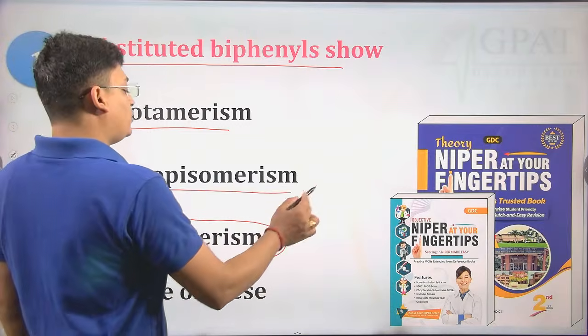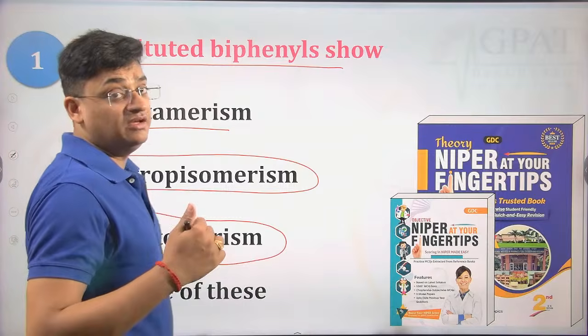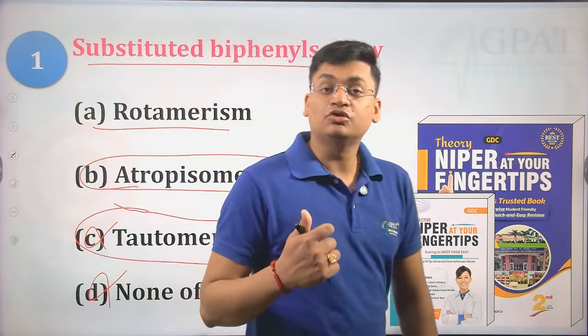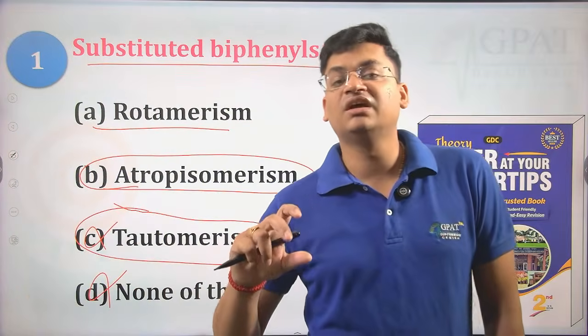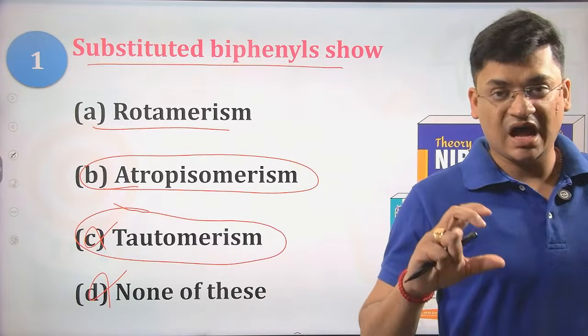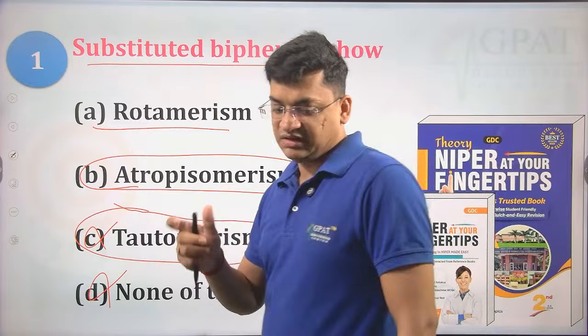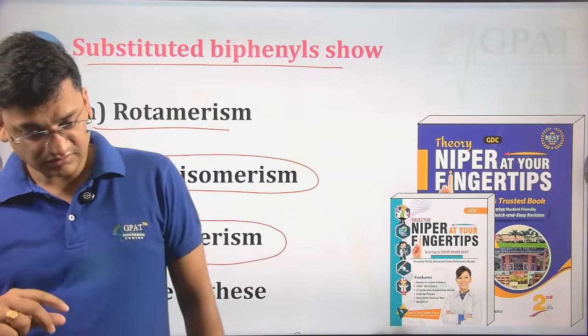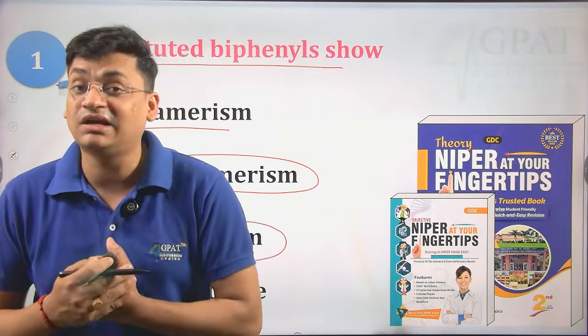In the case of atropisomerism, if we have a biphenyl system with bulky ortho substitutions, the single bond between both the biphenyl rings has restricted rotation.